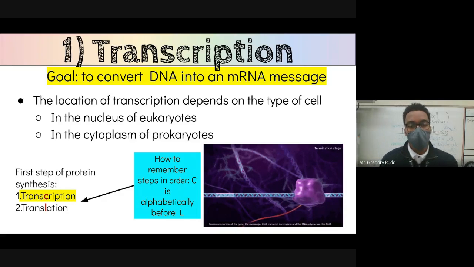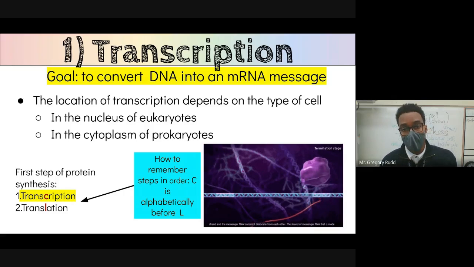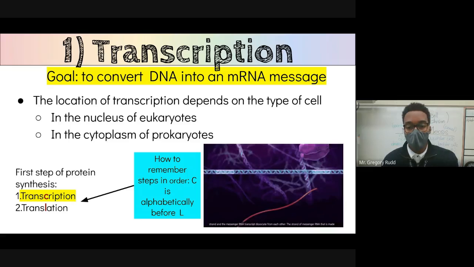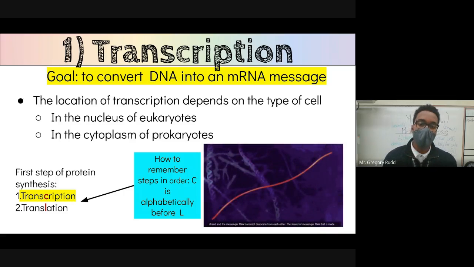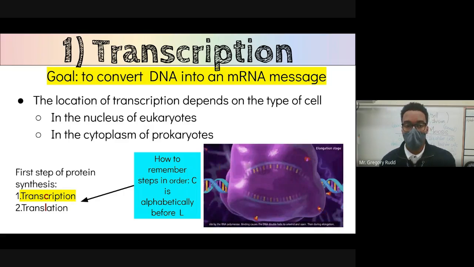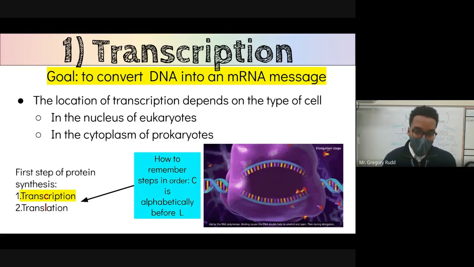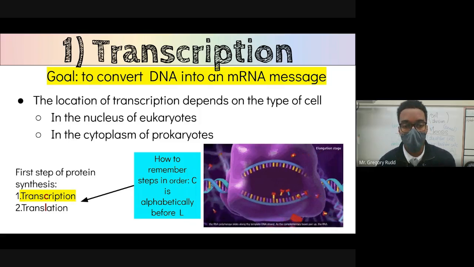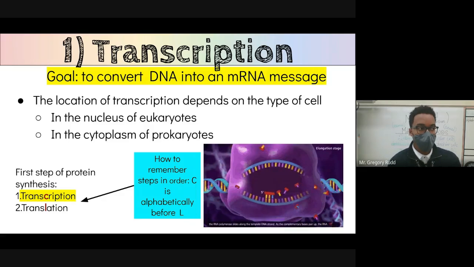The location of transcription, of course, depends on the type of cell. Transcription occurs where DNA is located. In a eukaryotic cell, DNA is located in the nucleus. In a prokaryotic cell, DNA is located in the cytoplasm.